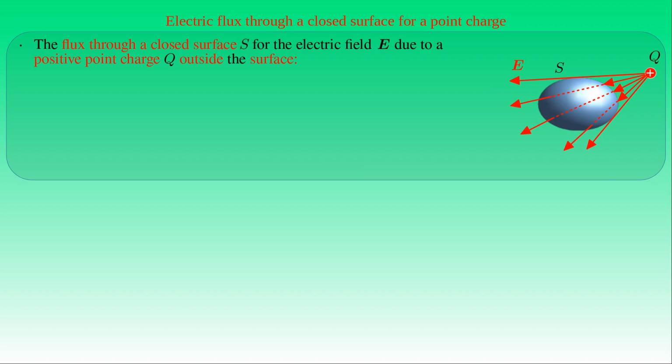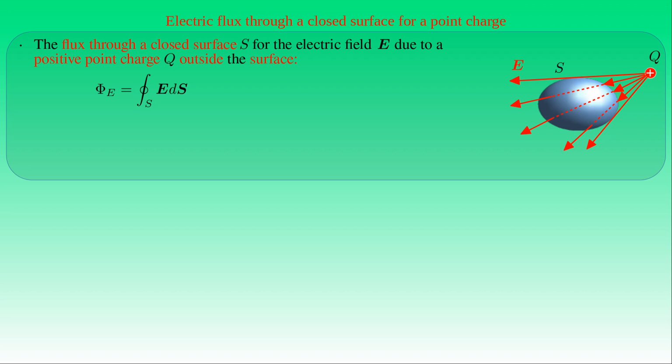After having determined the flux through a closed surface due to a point charge enclosed by the surface, let us examine the case where the positive point charge q is outside the closed surface S. Since the flux phi E is given by the integral of the electric field E due to the charge q over the surface S, we can follow the procedure which we discussed in the case of the flux through closed surfaces in an inhomogeneous electric field.